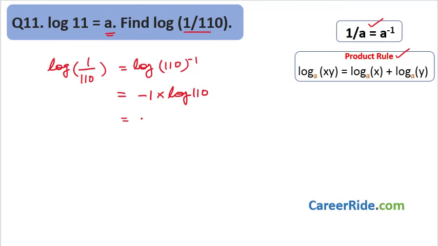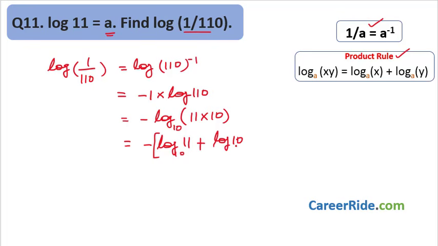This is equal to minus log 110, which can be written as 11 into 10, right? And since there is no base given, we will assume it to be 10. It is equal to minus log 11 to the base 10 plus log 10 to the base 10. This we know from the product rule.